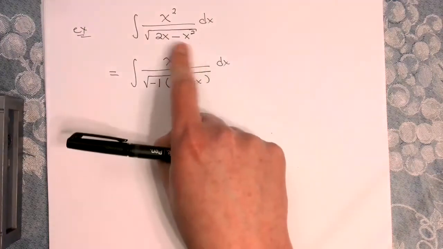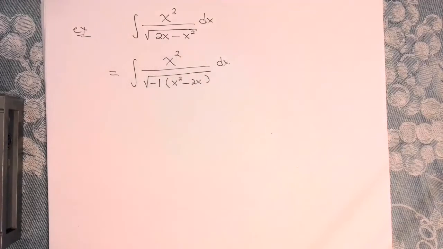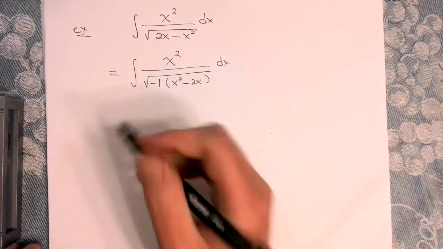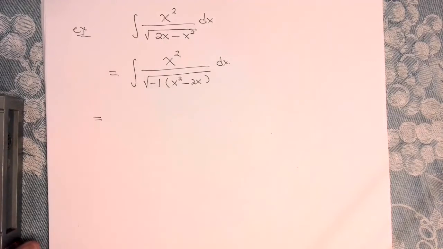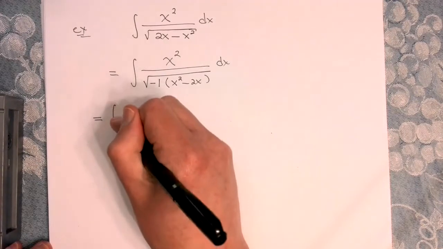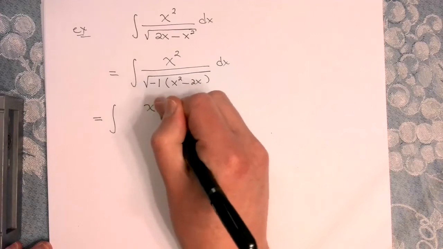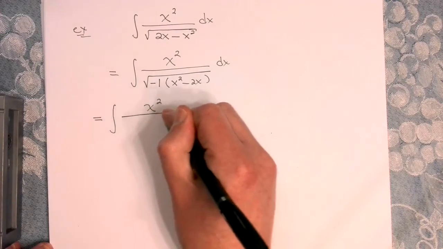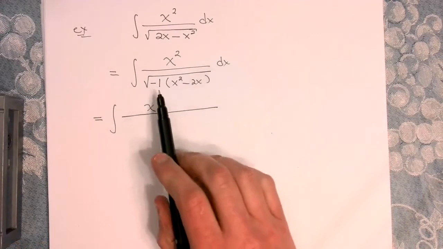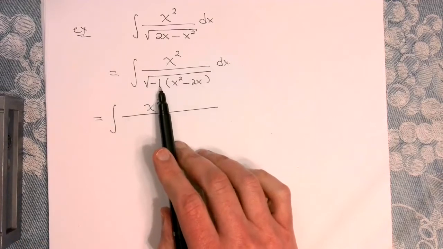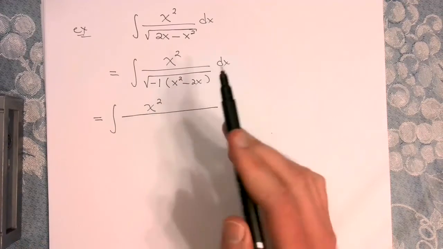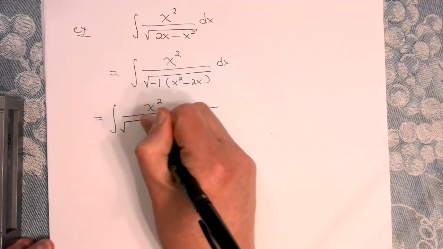So not only did I factor out a negative, but I switched the order, right, by the commutative law of addition. And so now let's give ourselves some space here. Now when we complete the square, we want to be really, really careful because this minus 1 is affecting everything inside here. So we have to be really, really careful.